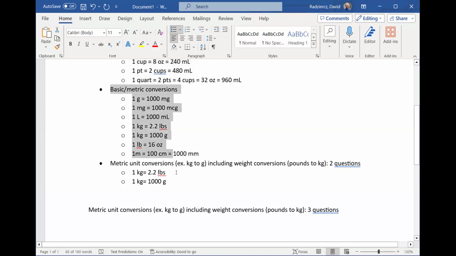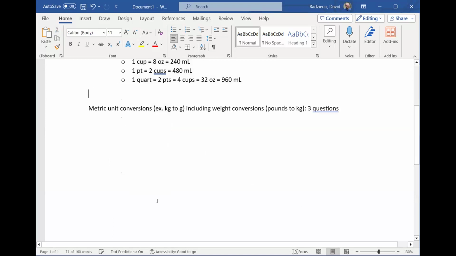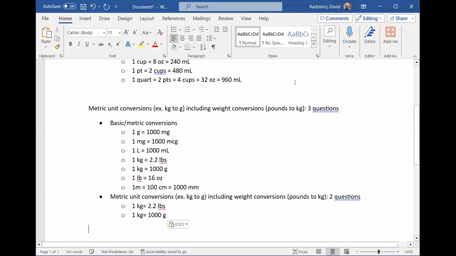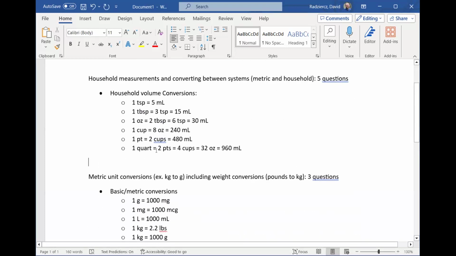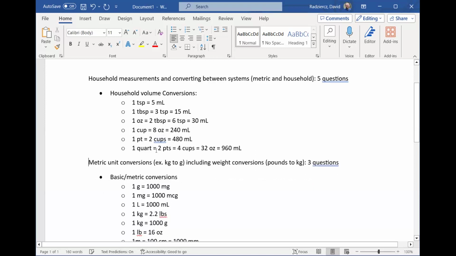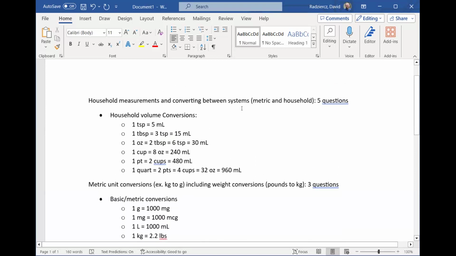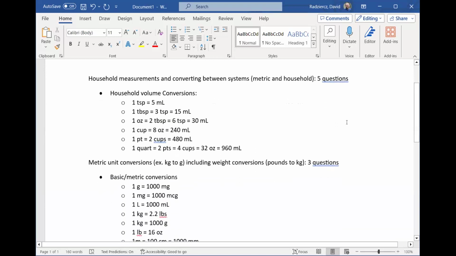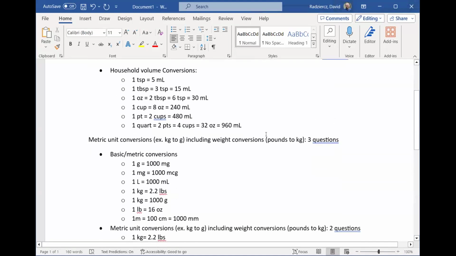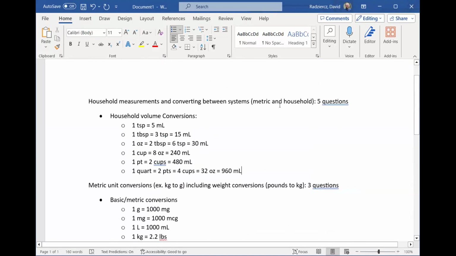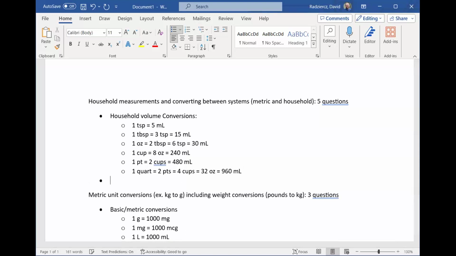So I'm going to take this and drop it down here since it's more relative to what's happening here. I'm trying to create a study guide for you as I go, so you're following some sort of template, and then I'll fill it in as we move along. So let's do some practice questions.